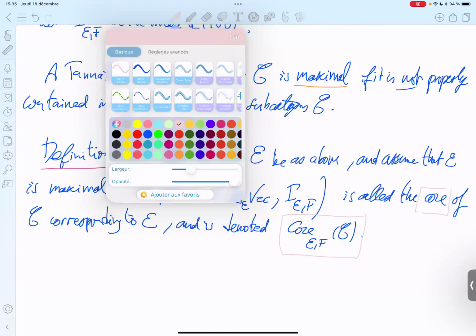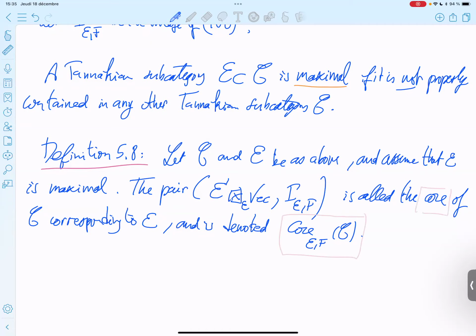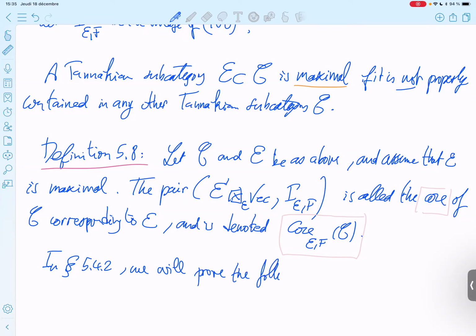In section 5.4.2, we prove the following result.